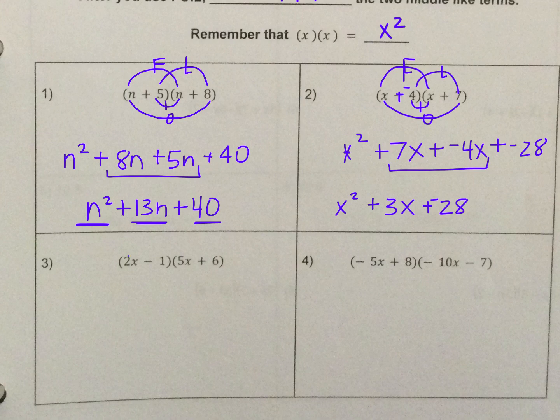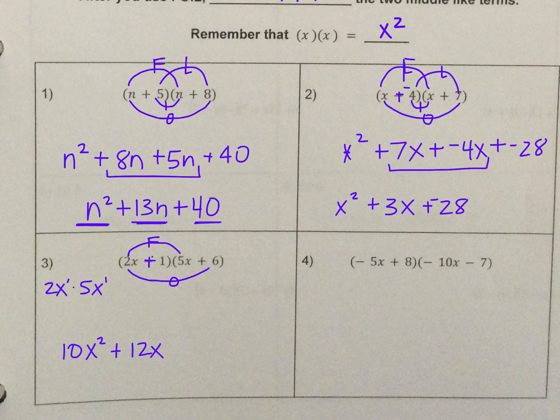Let's look at number 3. First, okay, this is a 2x times 5x. And remember, those guys have ones on them. So remember that we multiply the big numbers, 10, and we add the little numbers. So it's 10x squared. Outer, 2x times 6 is 12x.